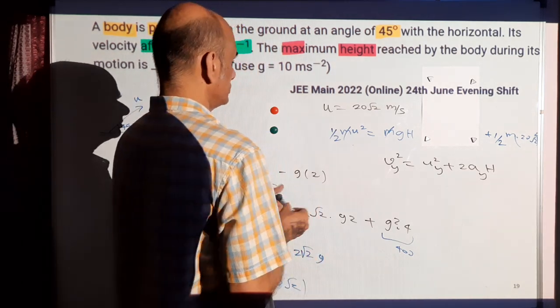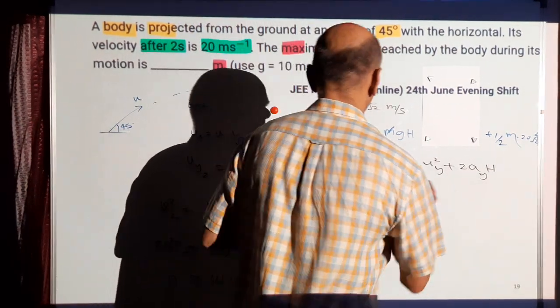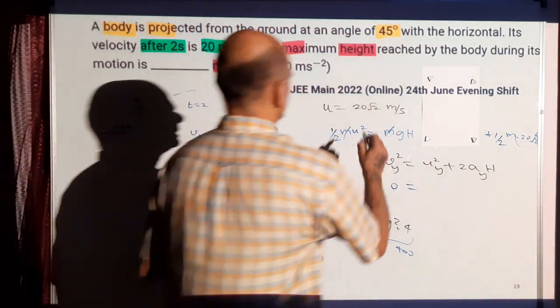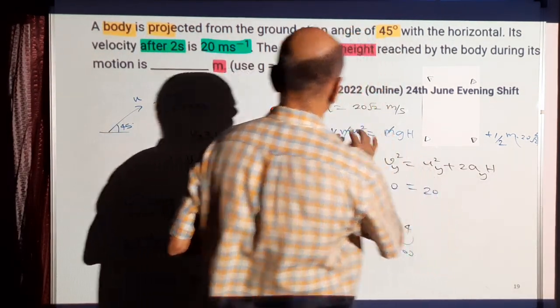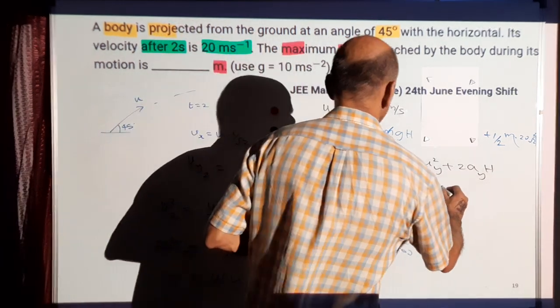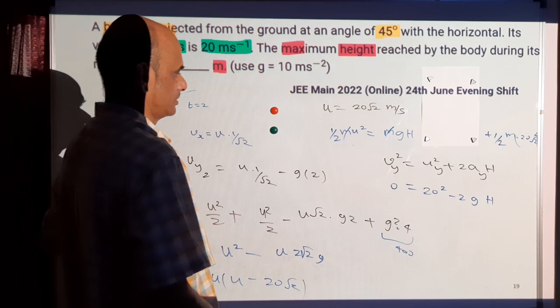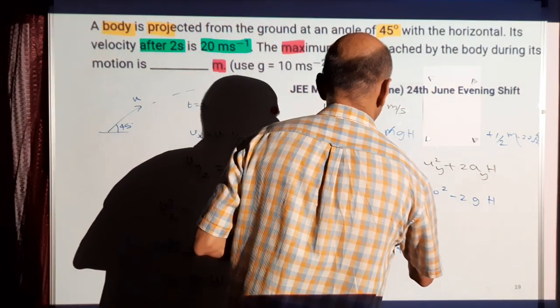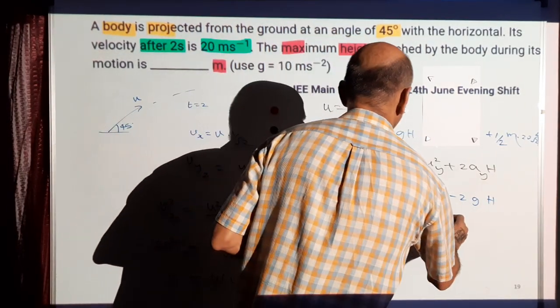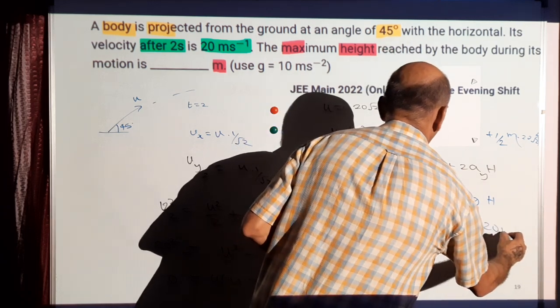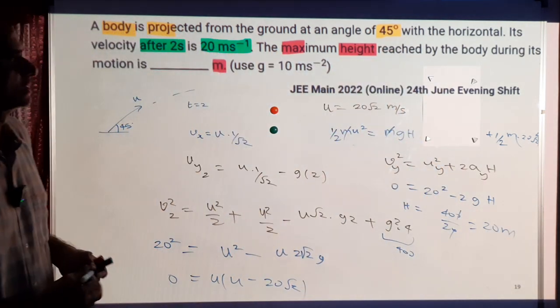So vy is 0, uy is 20, because total u is 20 root 2, so 0 equals 20 square minus 2 g h. So h will be 400 by 20. So it's 20 meters.